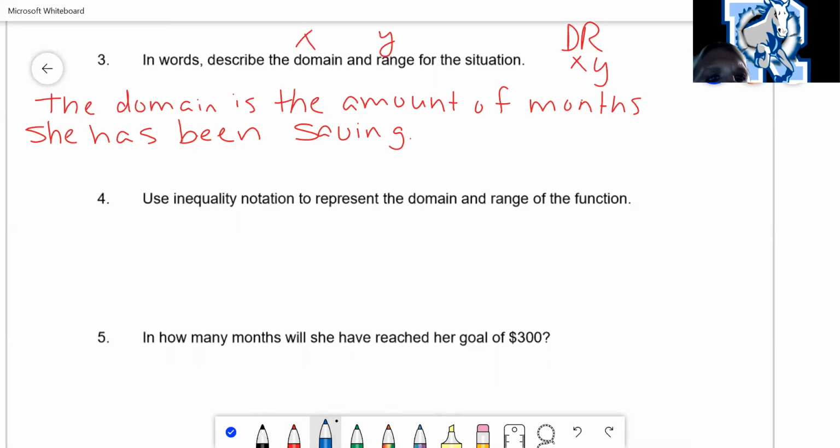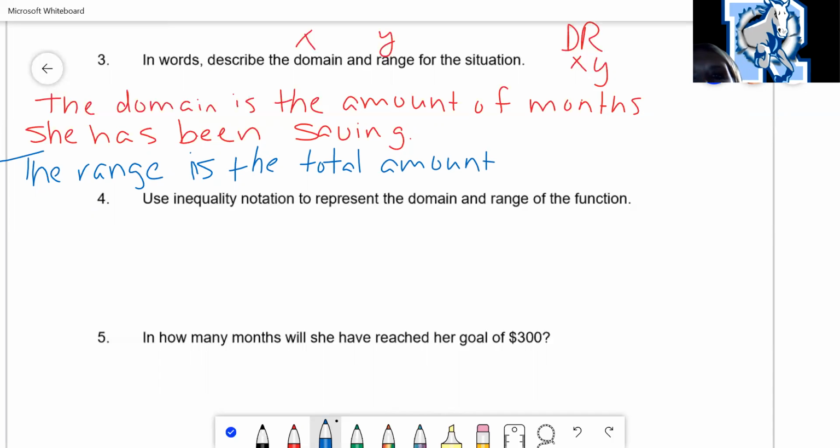The range, the Y values, is the total amount that has been saved.